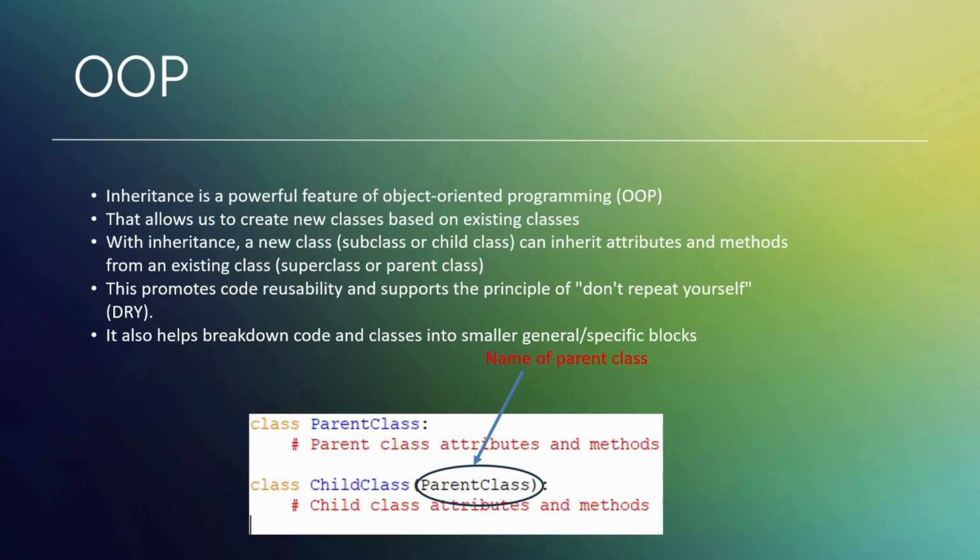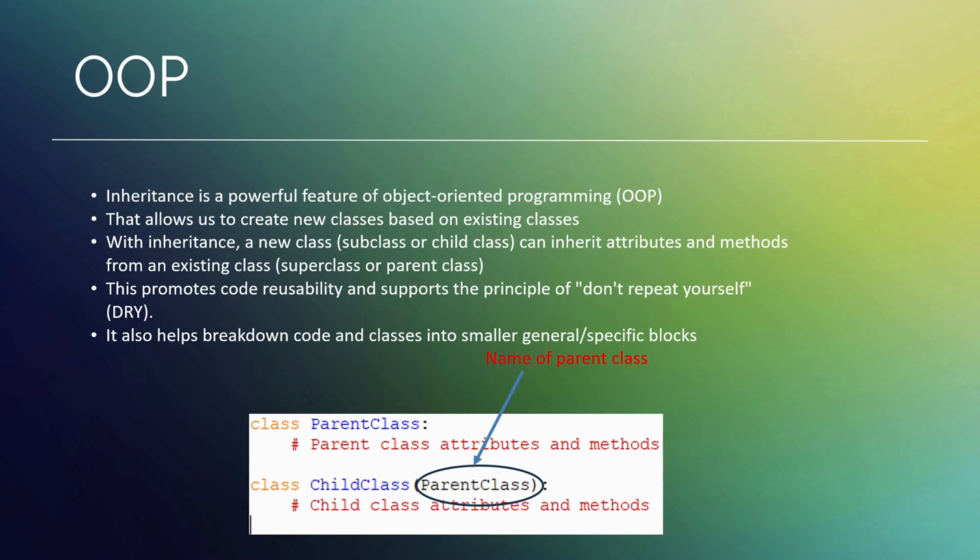So if we talk about the terminology, the parent class is the one that is at the top, and the child class inherits from the parent class. Okay, so this means that it is an extension of the parent class. The parent class is also referred to as the superclass, while the child class is also referred to as the subclass.